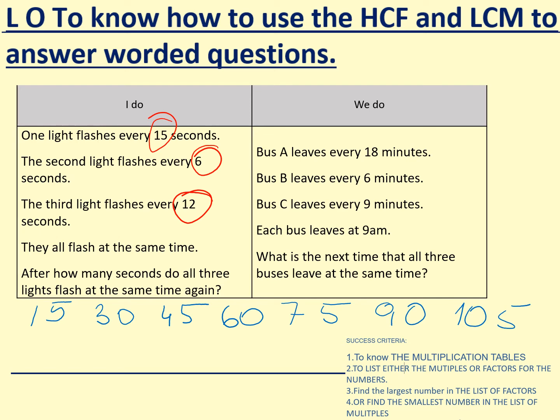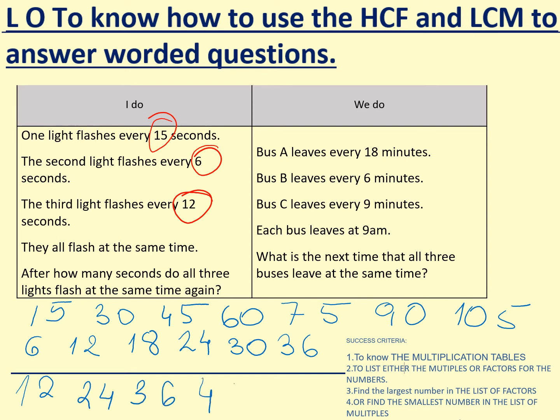And multiples of 6: 6, 12, 18, 24, 30, 36. Okay, let me see multiples of 12. So it's 12, 24, 36, 48, and 60.